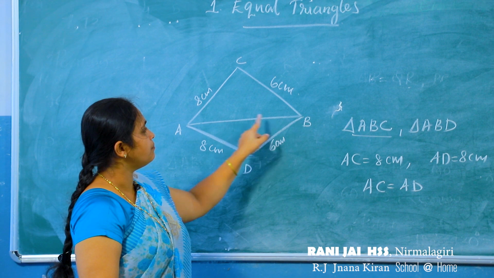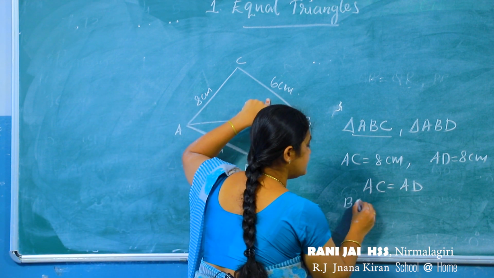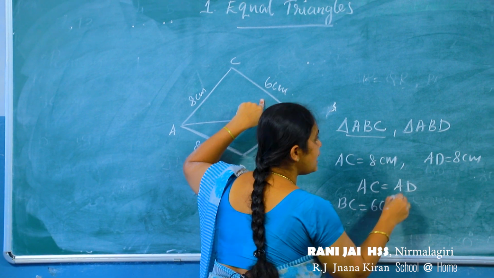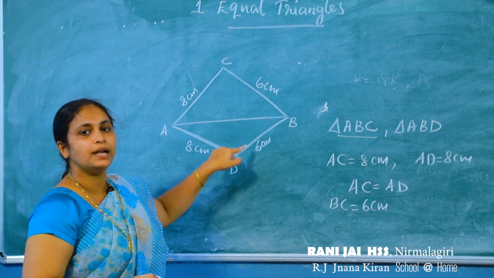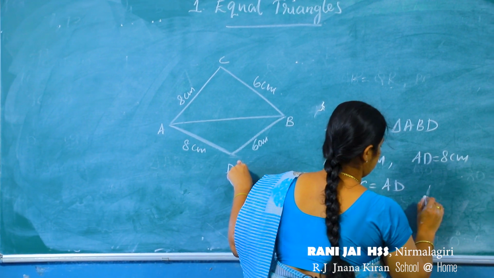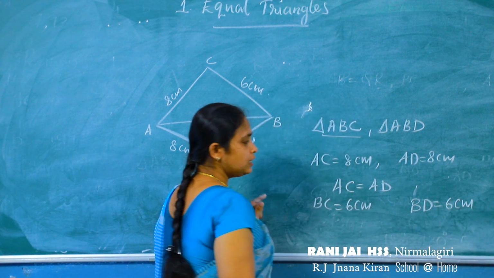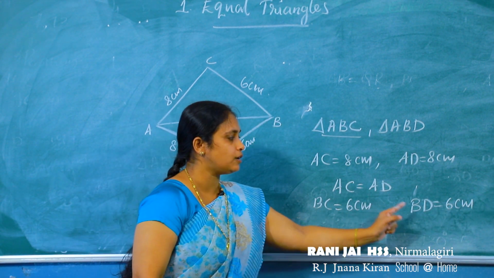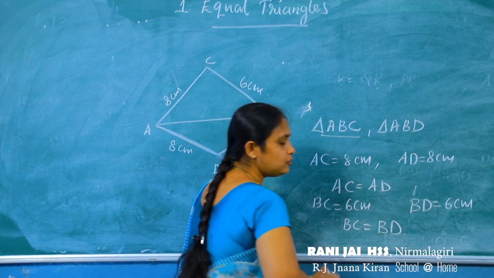In triangle ABC, BC equals 6 centimeters, and in triangle ABD, BD equals 6 centimeters. Therefore, BC equals BD.